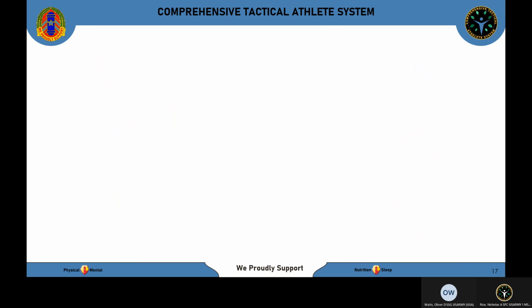Okay. All right, so far in our discussion, we've defined mobility and stability. We've discussed how to assess that within our soldiers in a global sense, because every single one of us in this room and every single one of our soldiers are going to have very individualized limitations and capabilities, right?